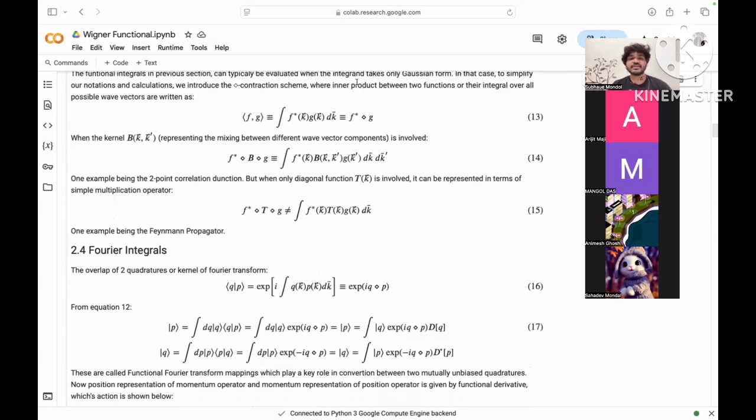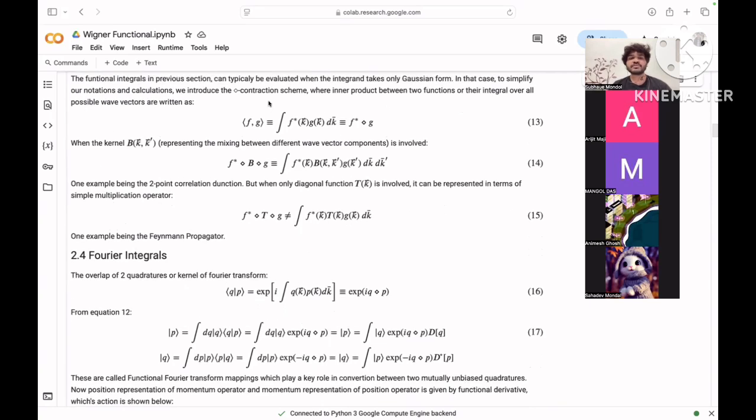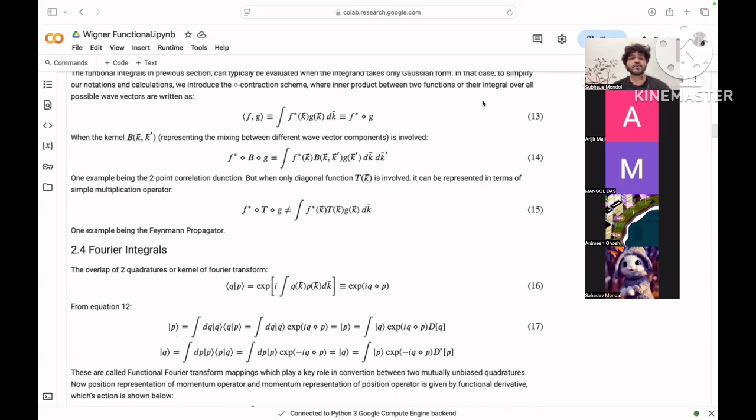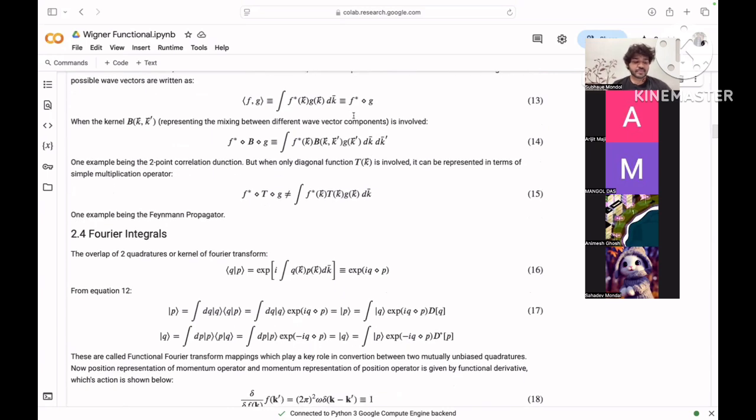So in this case, we want to simplify that. We introduce something called a diamond contraction scheme, where the inner product between two functions or their integral over all possible wave vectors can be written like this. This is the integration form, and after the diamond contraction, this can be written like this.